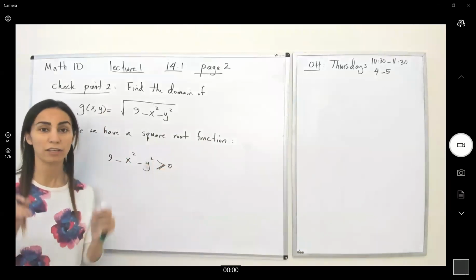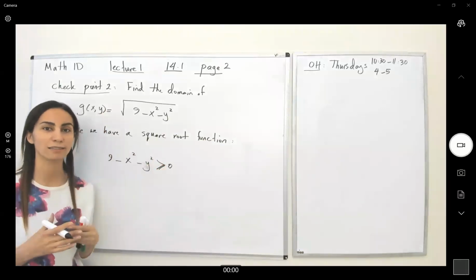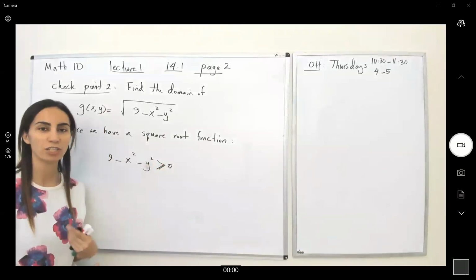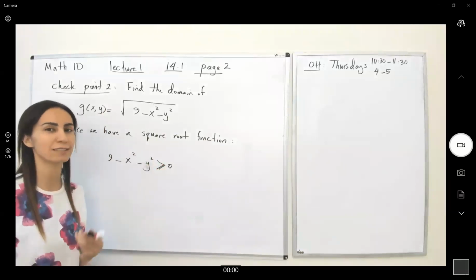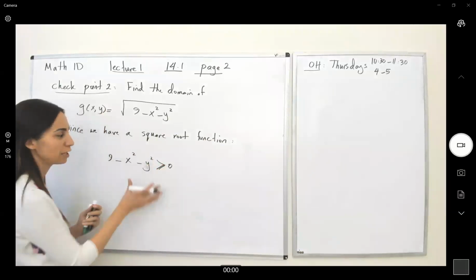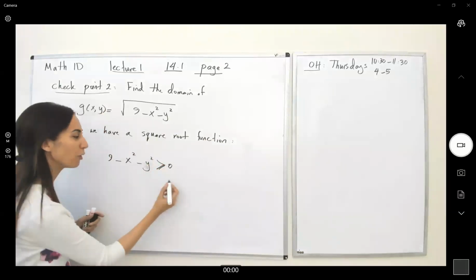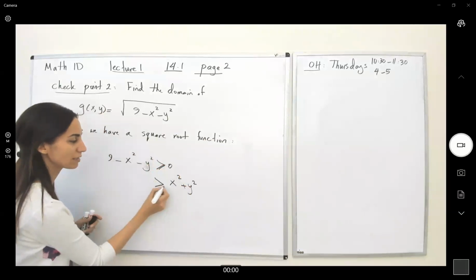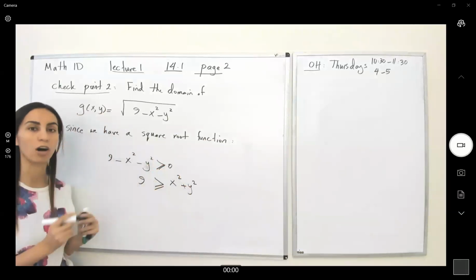Remember that. When you have x squared, y squared in an inequality or in an equation, try to figure out if it's a circle or not. So add x squared, y squared to both sides, and you get x squared plus y squared less than or equal to 9.